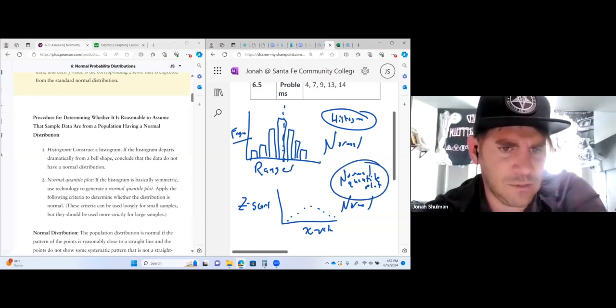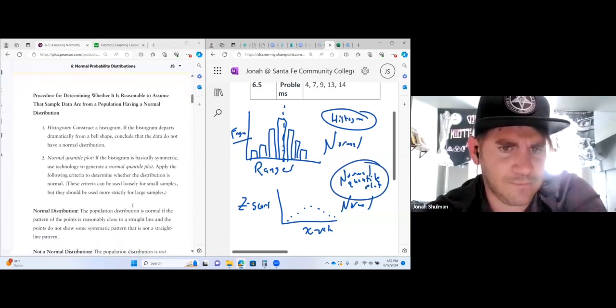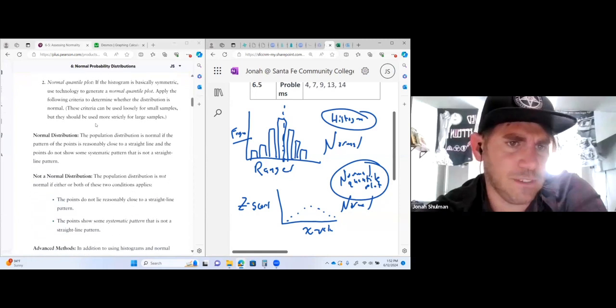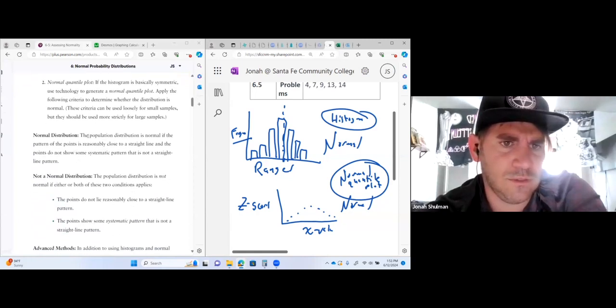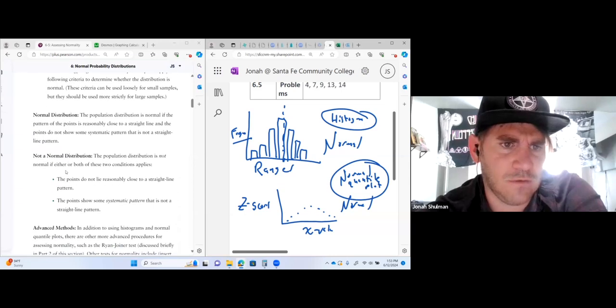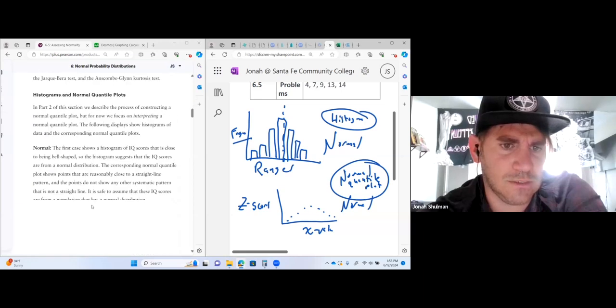Apply the following criteria to determine whether the distribution is normal. All right, so let's see. The population distribution is normal if the pattern resembles a straight line. The points do not show a systematic pattern. Otherwise, the points do not fall in a straight line, and the points show some systematic pattern that is not a straight line.